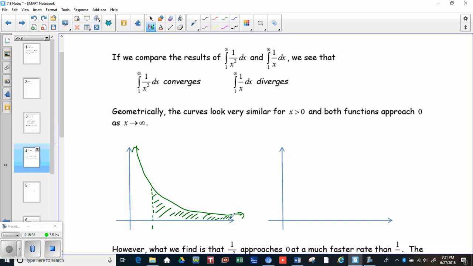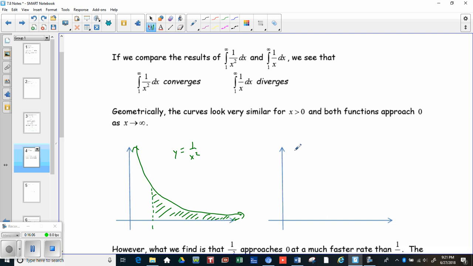We could put a t way, way out there somewhere, but we're talking about this area right here. This one here is 1 over x squared. So y equals 1 over x squared. This actually has a finite value. We actually found that in the beginning, that this converges. As a matter of fact, I think we found that the integral of this thing approached 1.